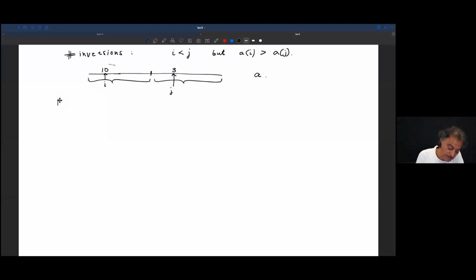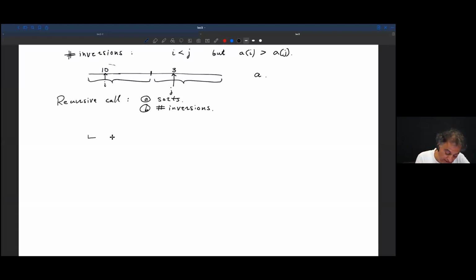So what we'd like is that our recursive calls do two things: one, they sort, and two, they figure out the number of inversions. Because if we are done with that, now we are off to the races. Here let me show you why.